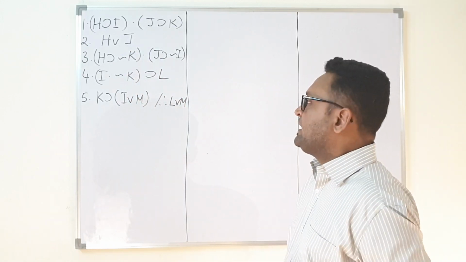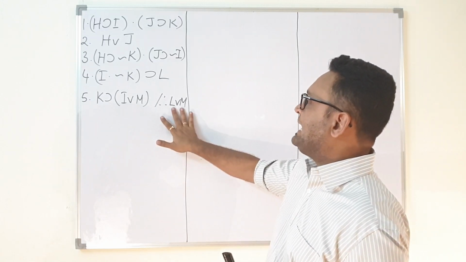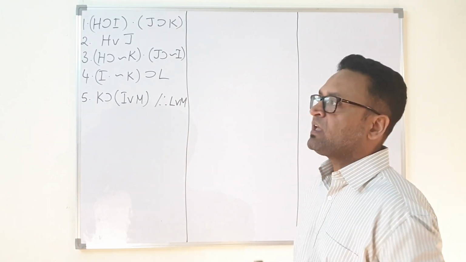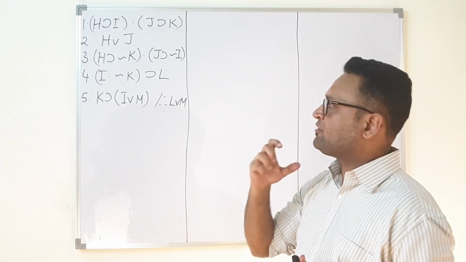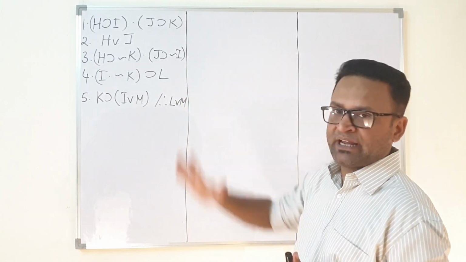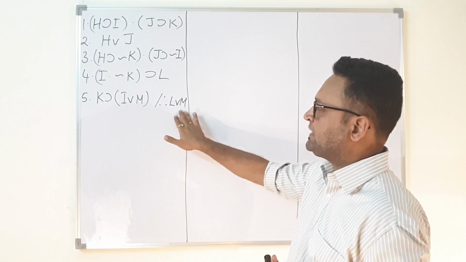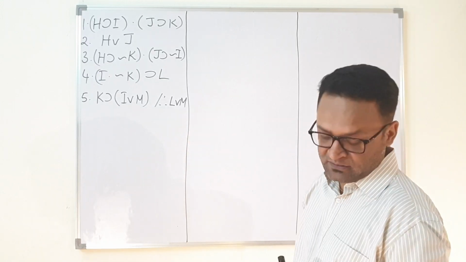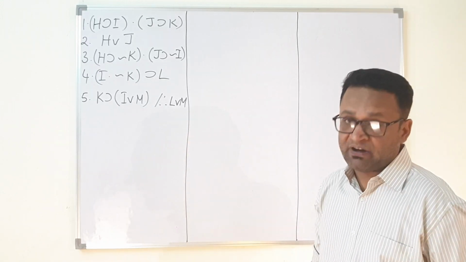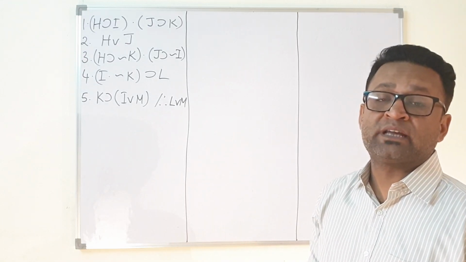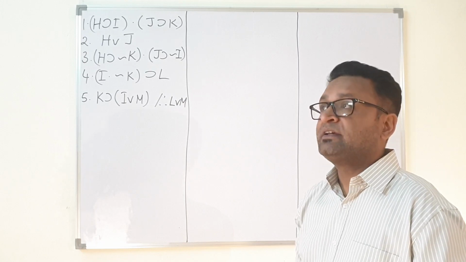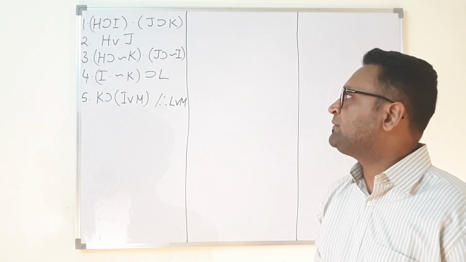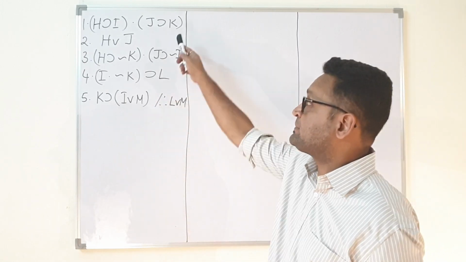Regarding this L wedge M, right now we are not in a position to say, by just looking at the question or even solving the right hand side, how the solution can be reached.